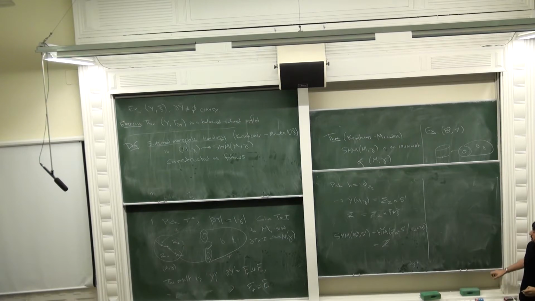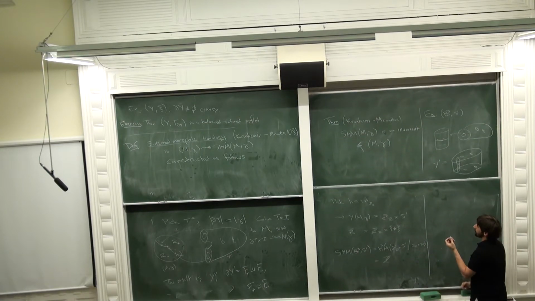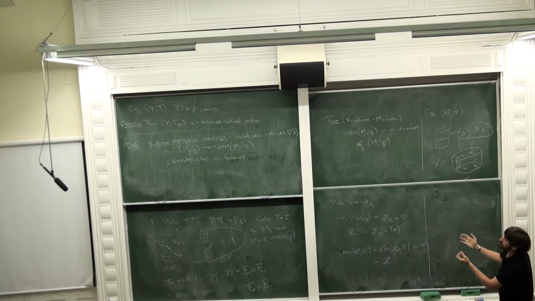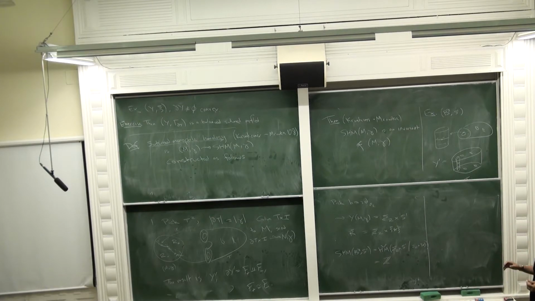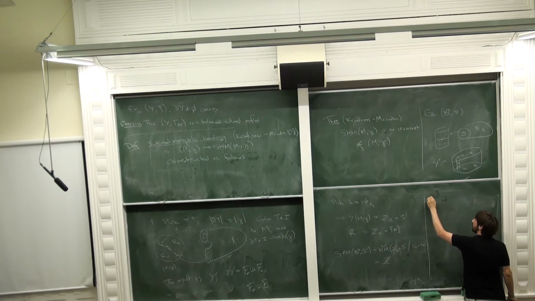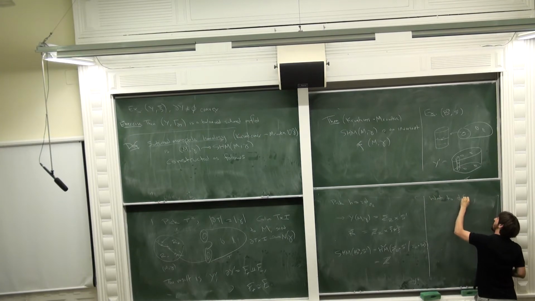So, like I said, the aim of this talk was to think about contact geometry in this sutured monopole homology world. So what I'd like to do is define the contact invariant as follows.